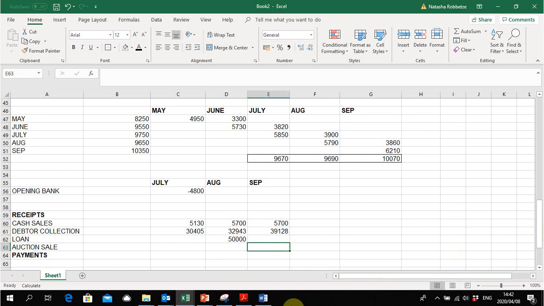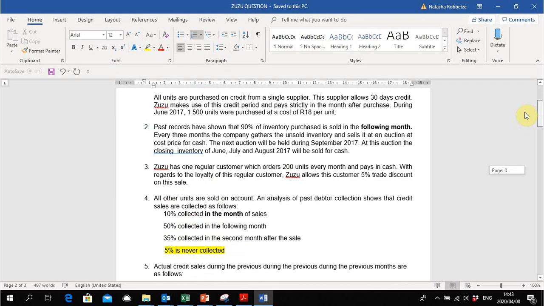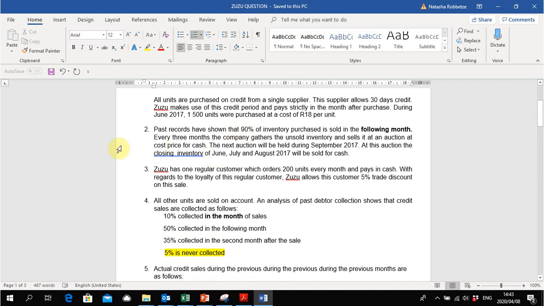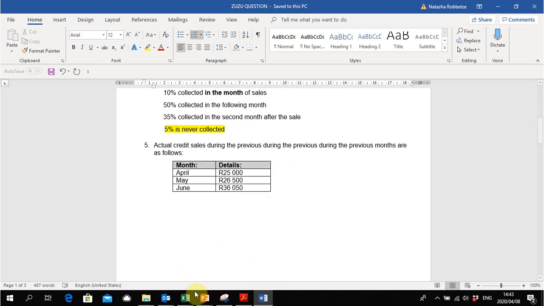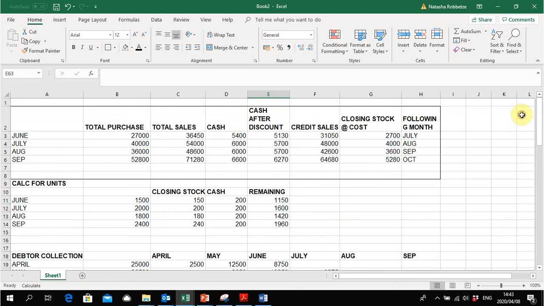So in September, if we just go back, they say we are selling the closing stock at cost for cash, and it is June, July, and August closing inventory. So I'm going to go to my calculation, and it seems to me like the closing stock for July, August, and September, I just need to add it up.